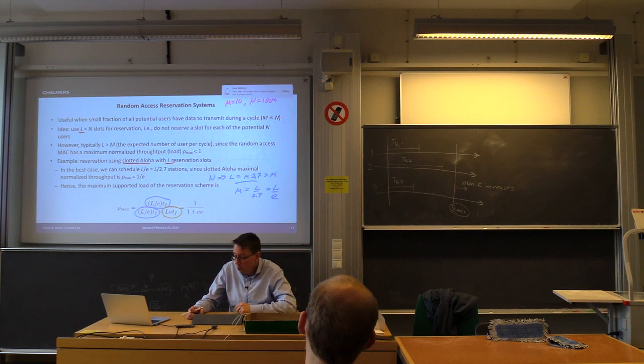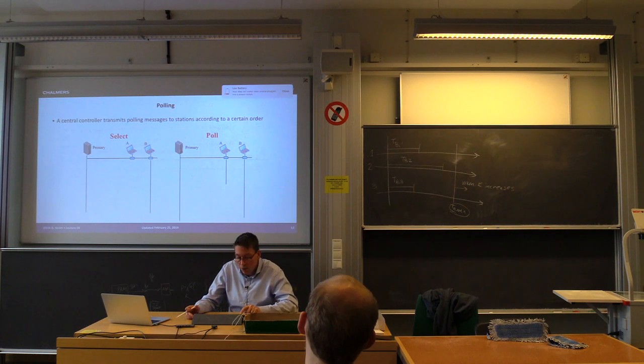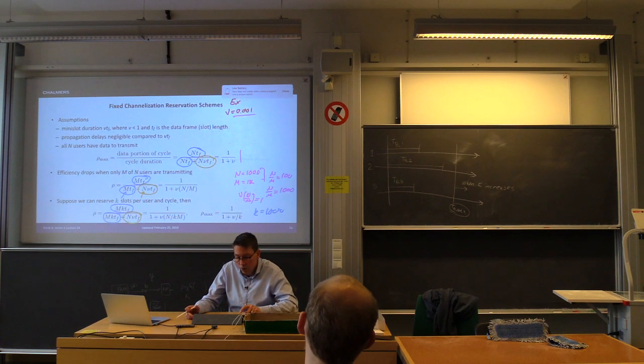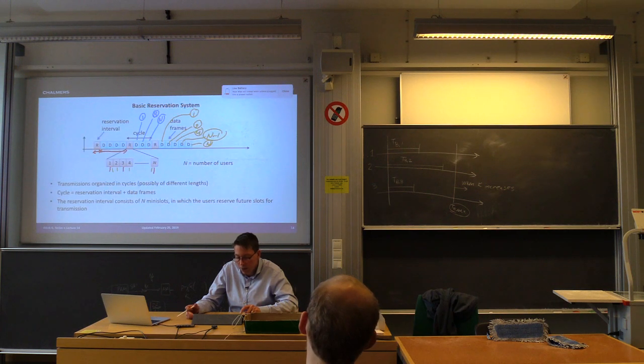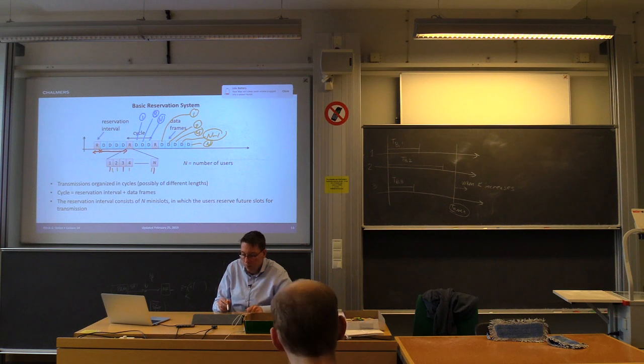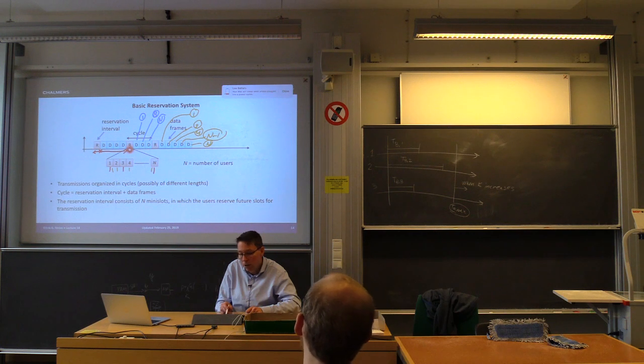Okay. So that's about reservation schemes. Just to summarize what we have been talking about: a reservation scheme organizes data transmission in cycles. We have a reservation interval and then a data interval. In the reservation interval, we need to have mini slots.